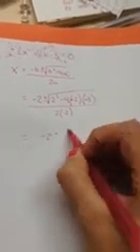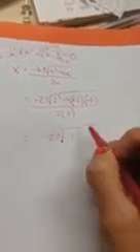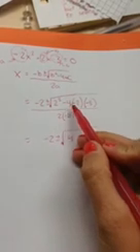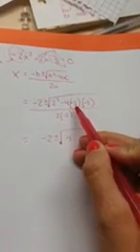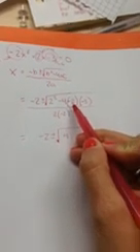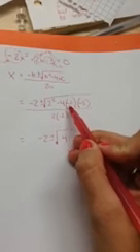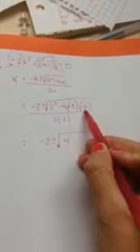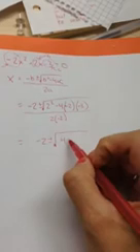Okay, so this gives me 4. I have a negative 4 times a negative 2, which gives me a positive 8. And then a positive 8 times a negative 3 gives me a negative 24.